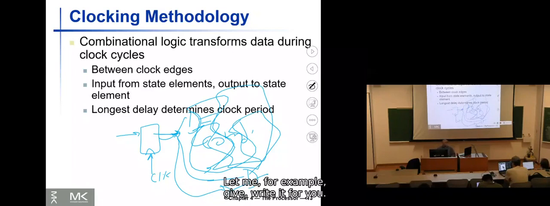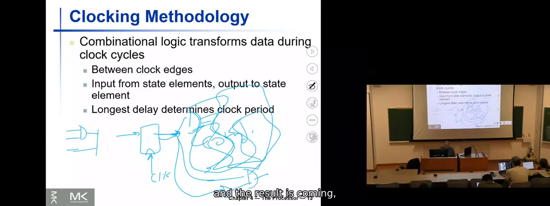There are different paths. Let me, for example, write it for you. We have 3 inputs. These 2 inputs go to an AND gate, and the result goes to another AND gate. So this is the output, Y, and these are, for example, the A, B, C inputs.